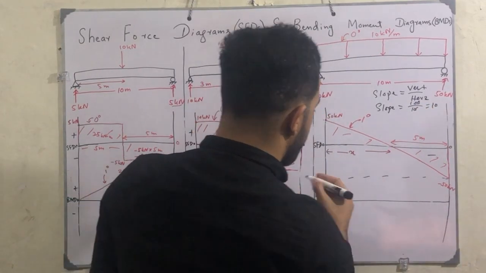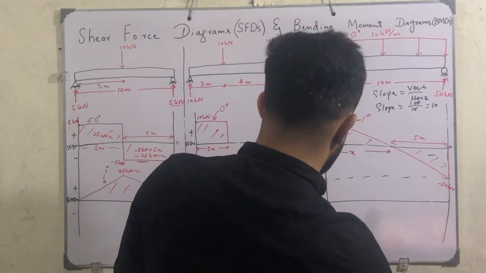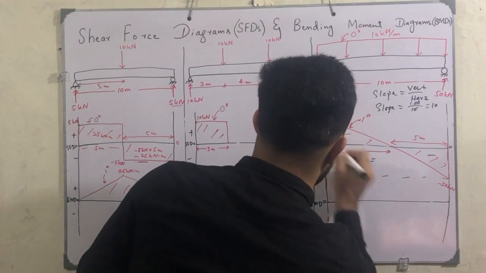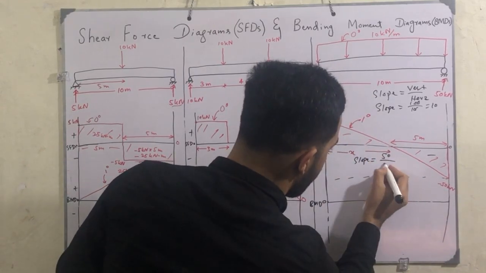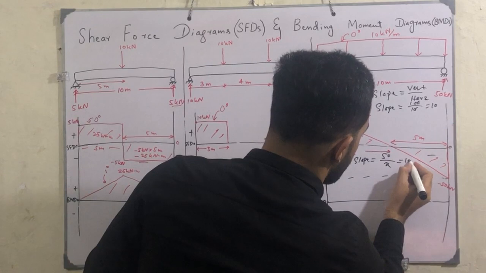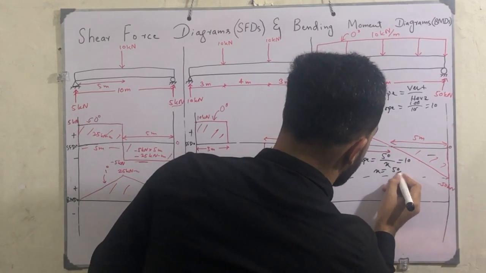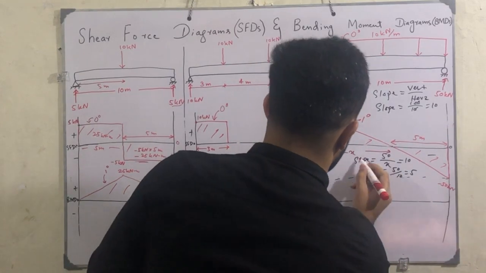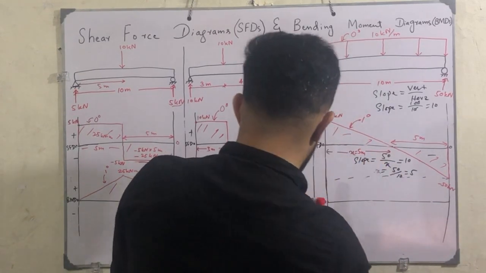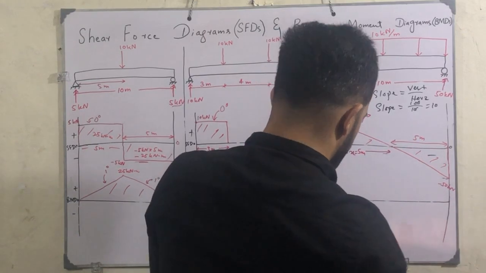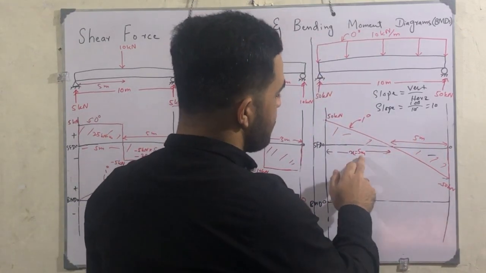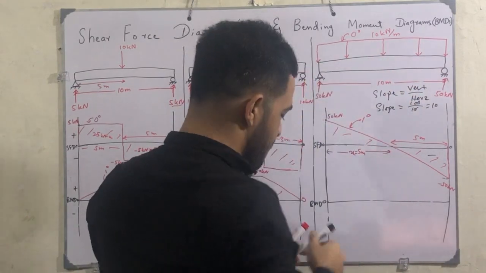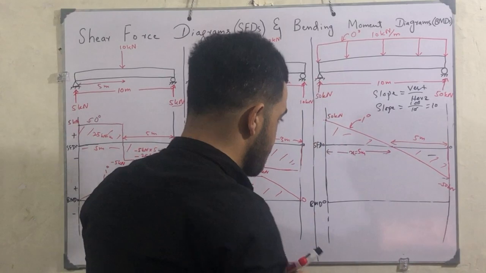Now if we want to find this x, we can easily find that by slope equals vertical 50 divided by x horizontal, and slope is equal to 10, so x will be 50 by 10 equal to 5. So in this case, x is the length, so it is 5 meters. This length will also be 5 meter. We can assume that because it's symmetrical loading, and it will definitely pass through the center, so that can always be guessed.